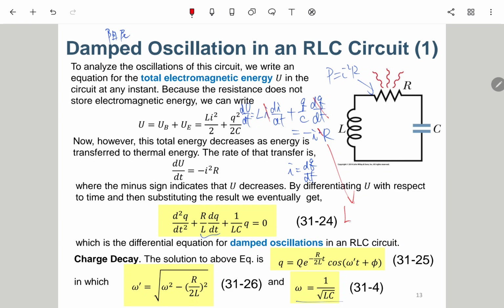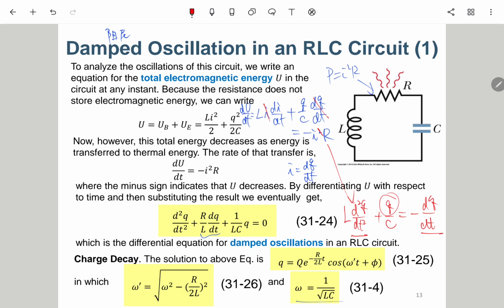So it becomes L d2q/dt2 plus Q over C, and then equals negative R dq/dt. Okay, so this is the second derivative, the first derivative, and the original function.